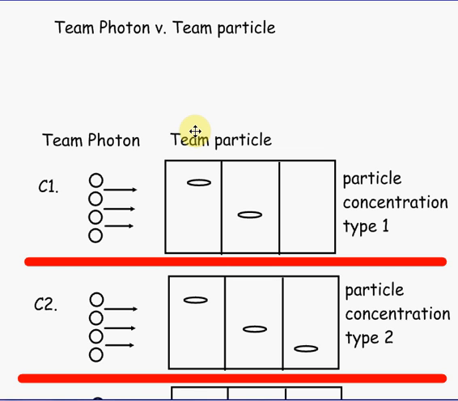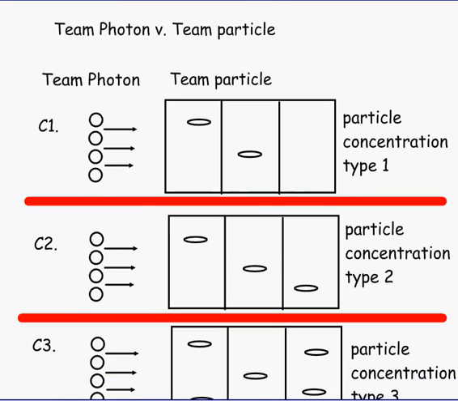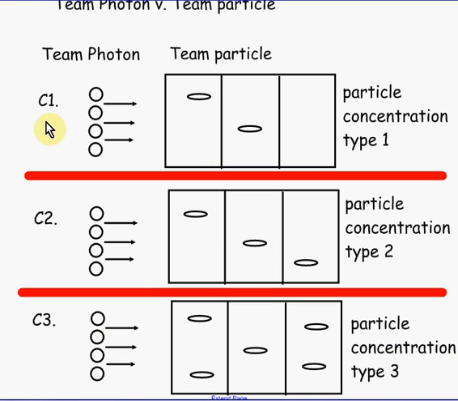Another way of visualizing this is to imagine that you have different teams, okay? You have team photon versus team particle. Now, in this initial scenario, we have a certain amount of photons on team photon and only 2 particles in our path length.